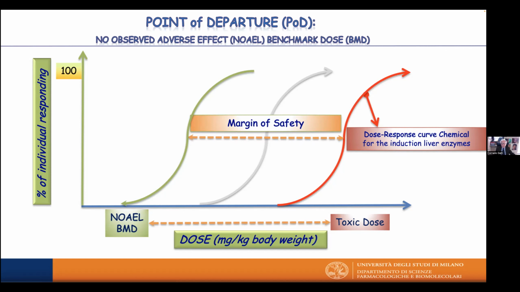So let me just show the dose response curve. I'm not so precise to explain the concept that I am trying to give you, but try to get the message from this slide.